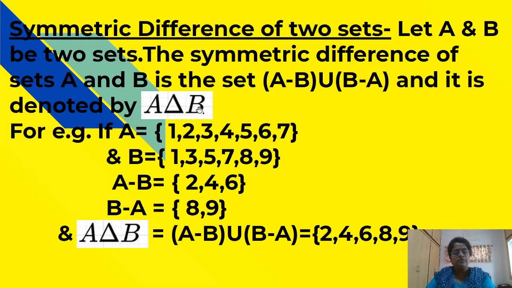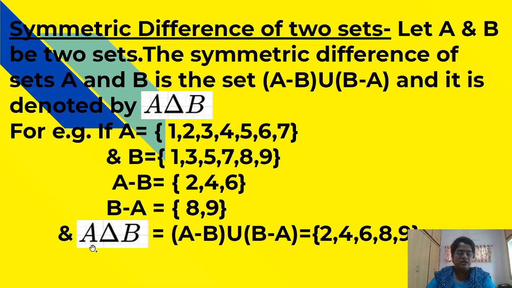To get A triangle B, first we will see what is A minus B and B minus A. In A minus B, we are taking such elements which belong to A but not in B, and therefore we will get 3 elements, 2, 4, 6, which are in A but not in B. Now we will find B minus A. According to the definition, we will take such x which belong to B but should not be in A, and therefore such 2 elements we will get, 8 and 9, which are in B but not in A.